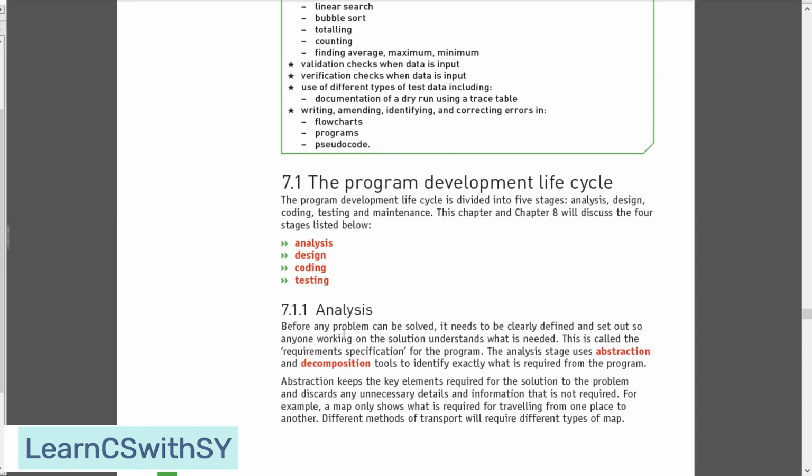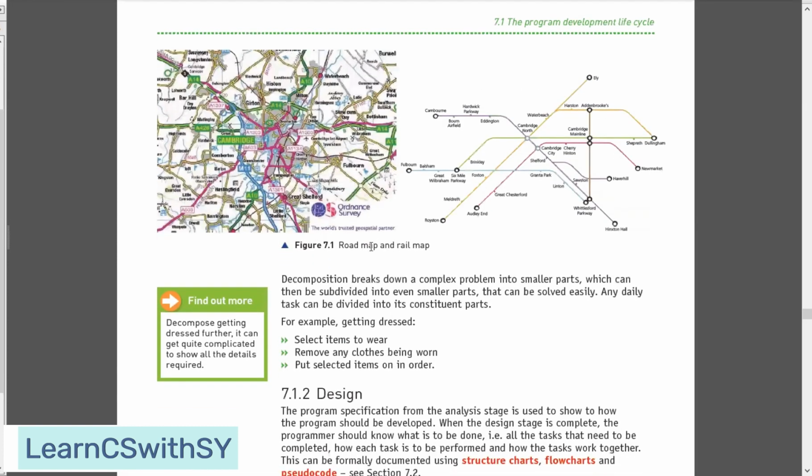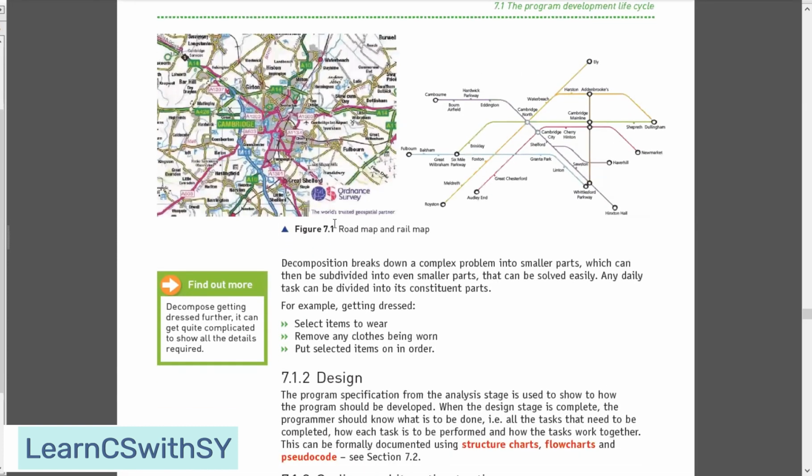The analysis stage contains abstraction and decomposition. By the way, do we know the 2 terms and their definitions? Abstraction means that you are going to just concentrate on the main task and you will ignore whatever is not needed. Like, for example, the best example is where you will be moving from and to, you will be ignoring whatever is not needed and you will be concentrating on the main thing.